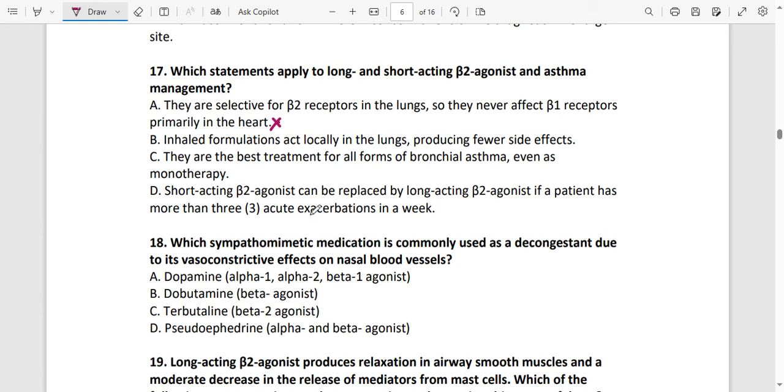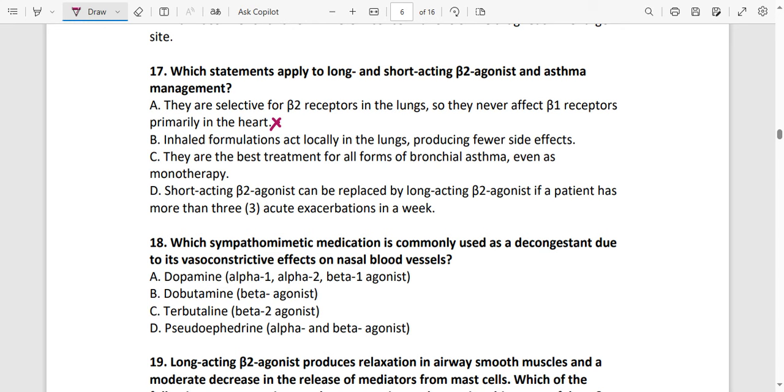When someone is having these acute attacks, and you see a lot of attacks per week, it is going to tell you that you need to change and give them a more permanent treatment.